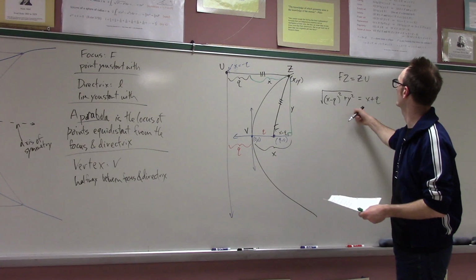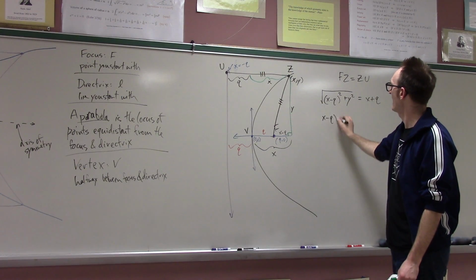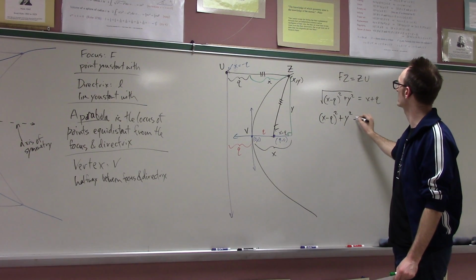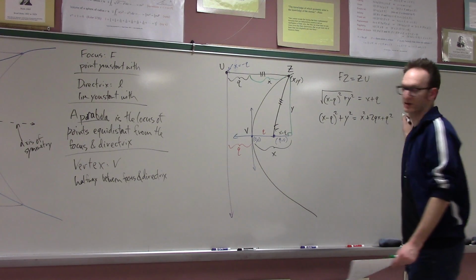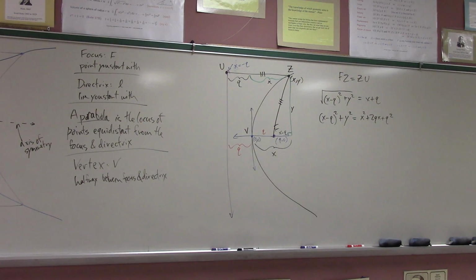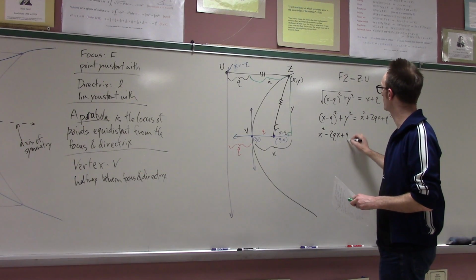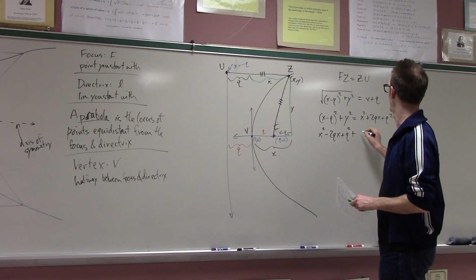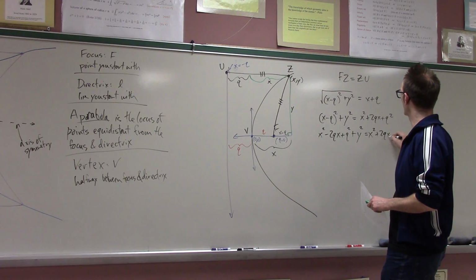Okay, so if I can solve this equation, and it's pretty easy to do. So square both sides, I get (x minus q) squared plus y squared equals x squared plus 2qx plus q squared. So we get x squared minus 2qx plus q squared plus y squared equals x squared plus 2qx plus q squared.